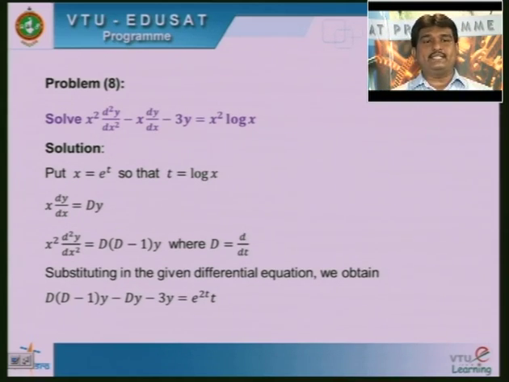Substitute all these things in the given differential equation, we get D into D minus 1 into y minus Dy minus 3y equals RHS x square. X is e to the power of t, so x square is e to the power of t the whole square, nothing but e to the power of 2t into log x. Log x is t here.